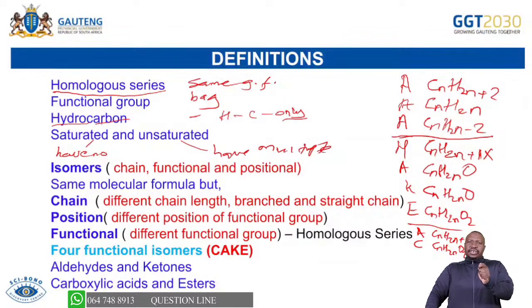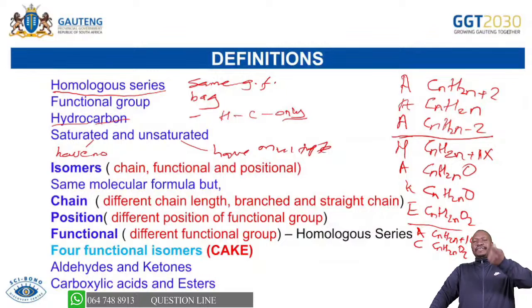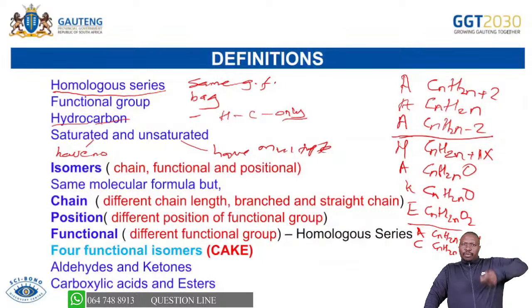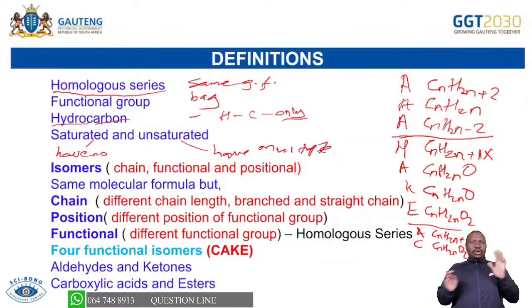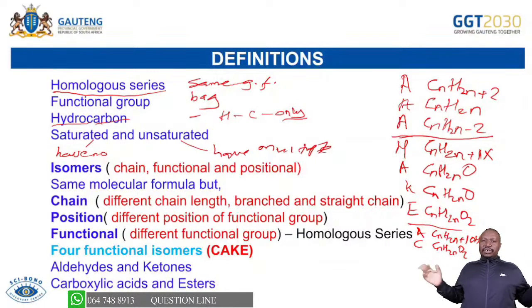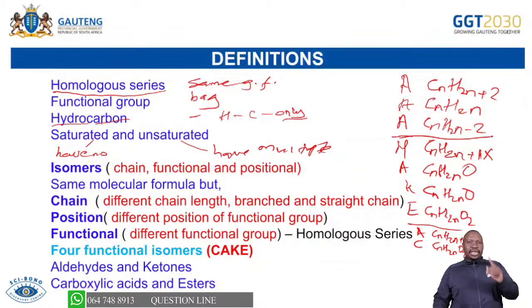And when it comes to isomers, remember we are referring to them as structural isomers, because these structural isomers have the same molecular formula. So as long as you see an isomer, they have what is same? Molecular formula. As long as it's an isomer, you would say they have the same molecular formula. What is different is the name.